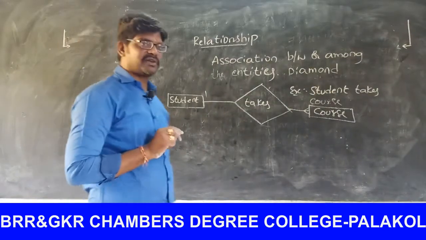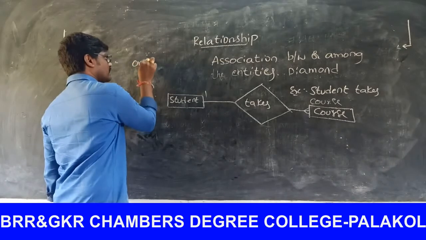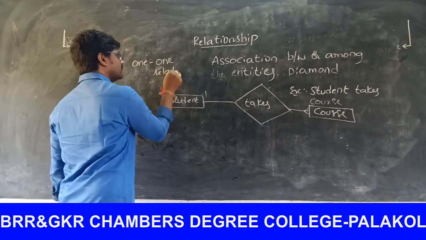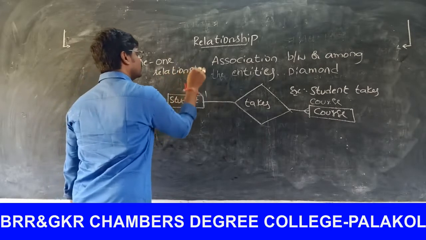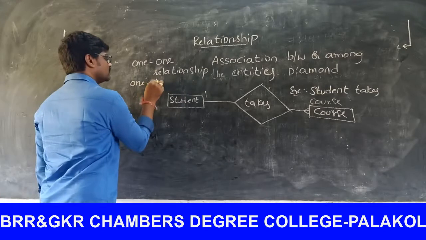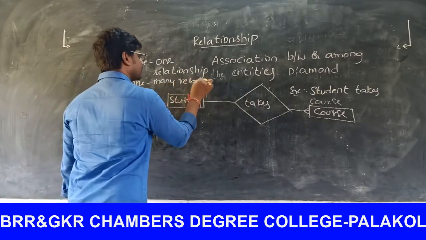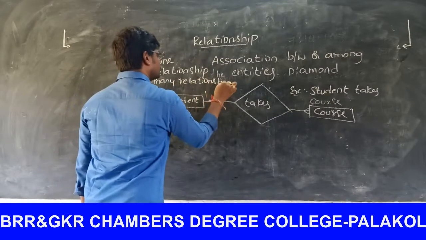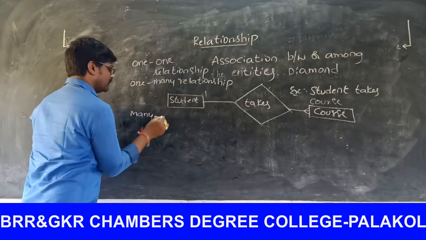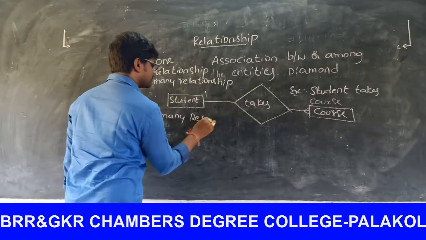There are three types of relationships: one is the one-to-one relationship, the next is the one-to-many relationship, and the last is the many-to-many relationship.